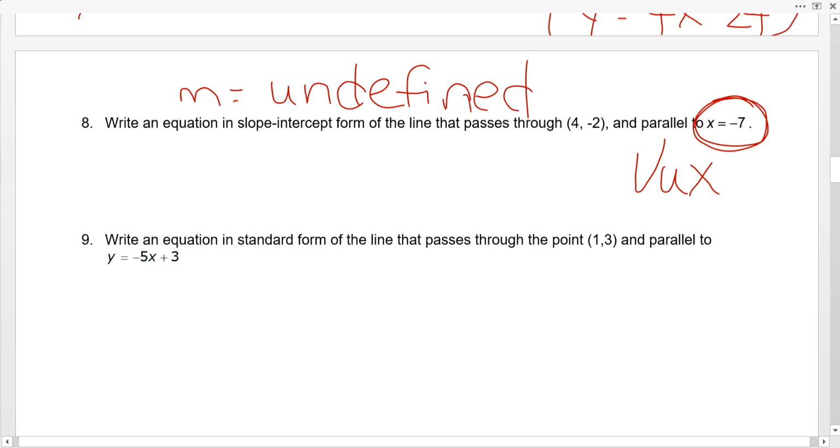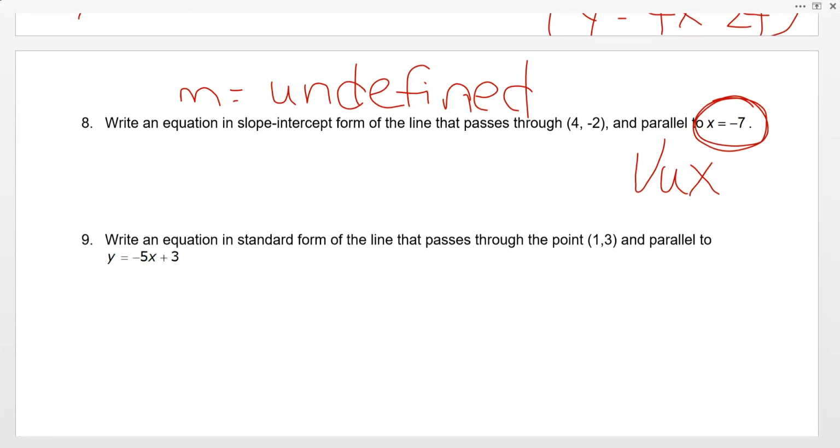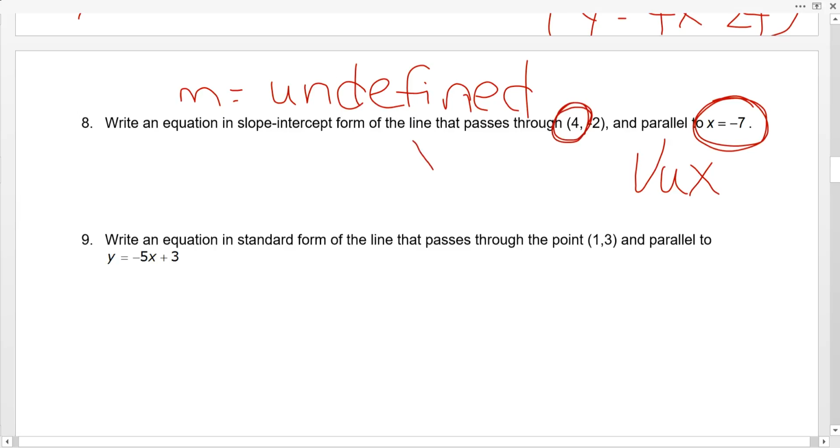It's going to be x equals. So if I'm looking for another vertical line, I have x equals, and all I need to write is x equals 4, because that's my x value. And I know because it's vertical that my equation is just going to be x equals.